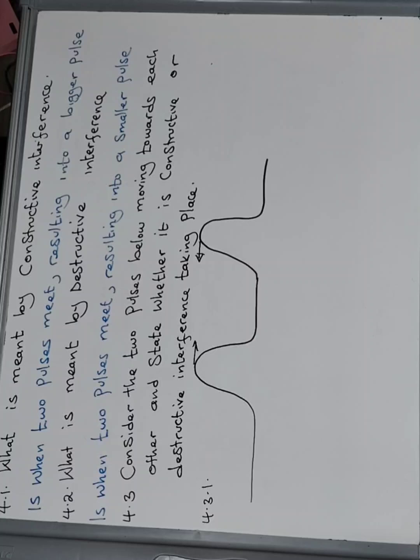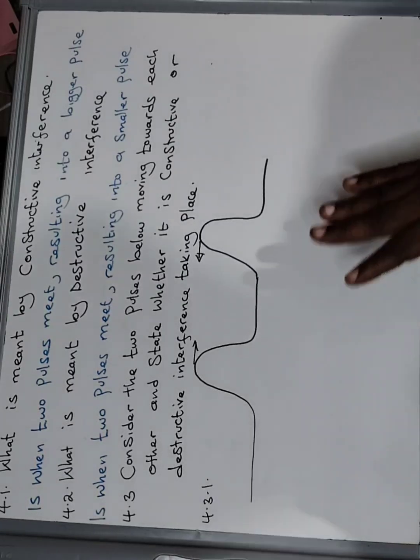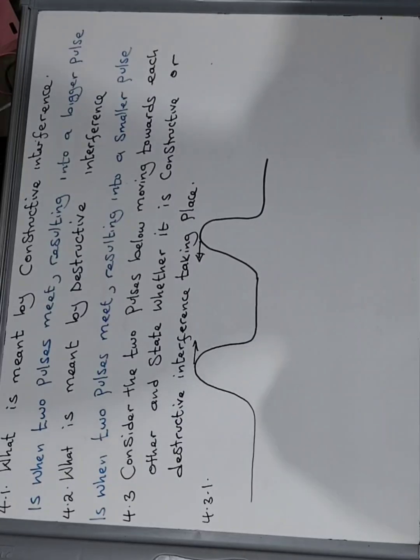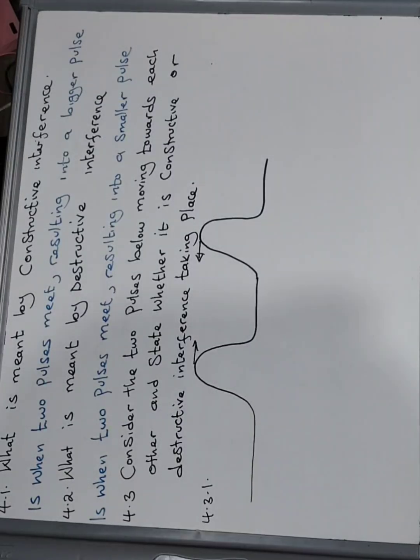It says, consider the two pulses below moving towards each other and state whether it is constructive or destructive interference taking place. So what is going to take place here when these two meet? Is it going to be constructive or destructive?